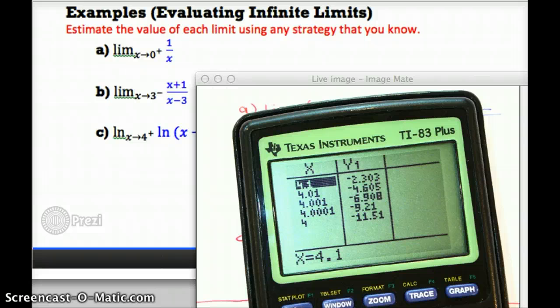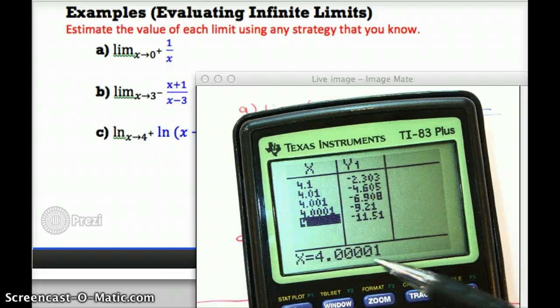However, they don't seem to be really going all the way to infinity. In fact, at 4, it looks like there's a number. And this is where you can't exactly trust your calculator. For example, this isn't really at 4. It's actually a decimal that's really close to 4. And since I'm not convinced, you're going to need another strategy to rely on.